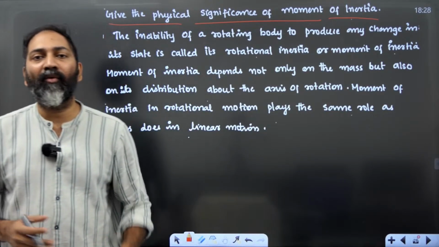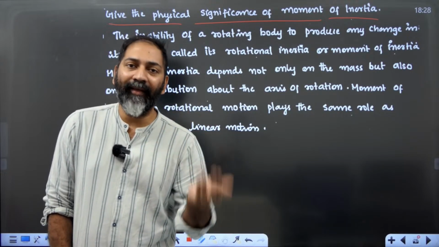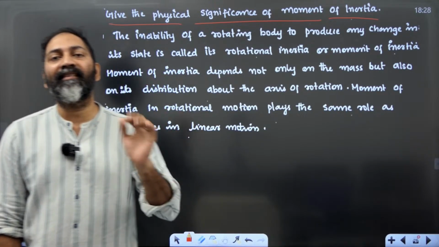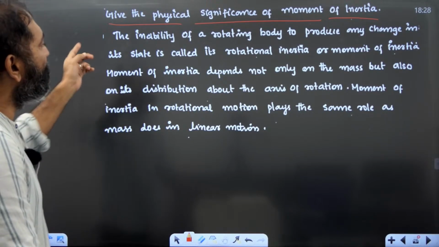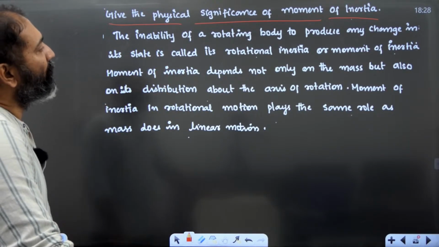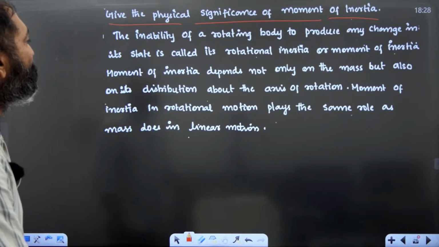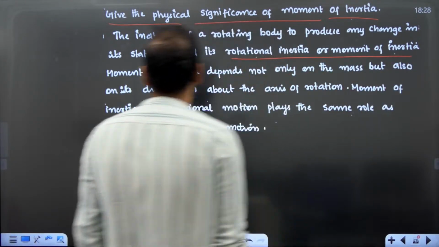But in rotational motion, moment of inertia plays the same role as mass does in linear motion. What does mass do in linear or translatory motion? The same role in rotational motion is done by moment of inertia. The inability of a rotating body to produce any change in its state is called rotational inertia or moment of inertia.